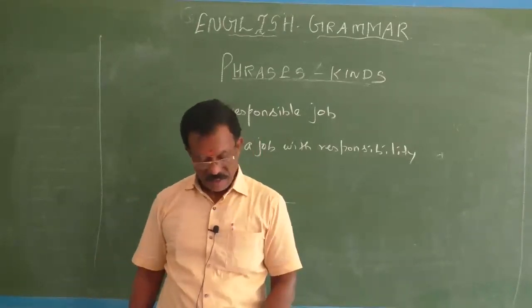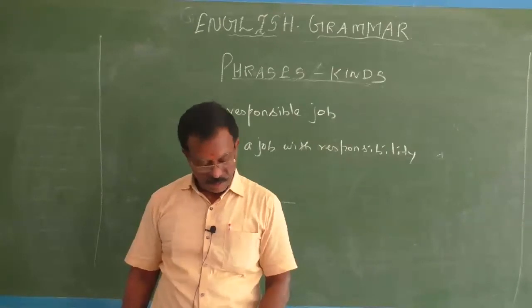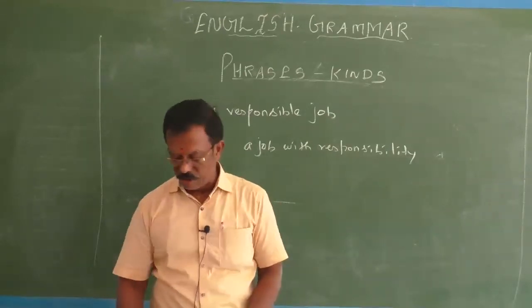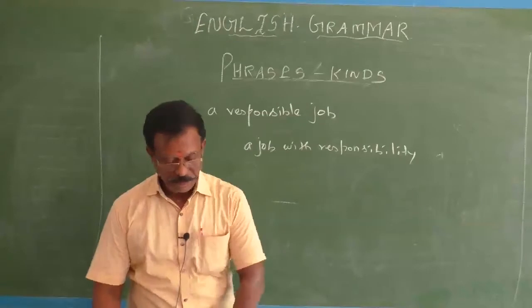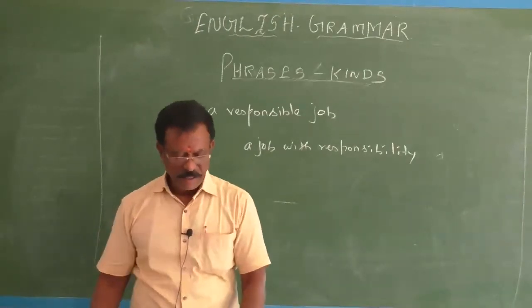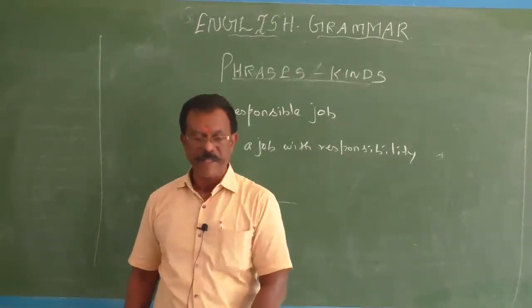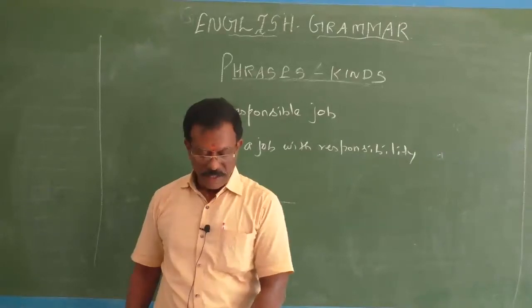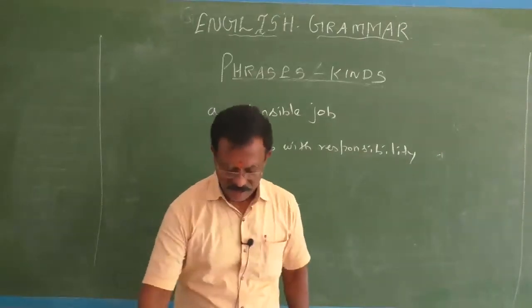So an adjective phrase modifies or tells something about a noun. That should be kept in your mind, children. And see, betrayed by his friend, he committed suicide. Your very excited friend is dancing. It comes in the beginning.